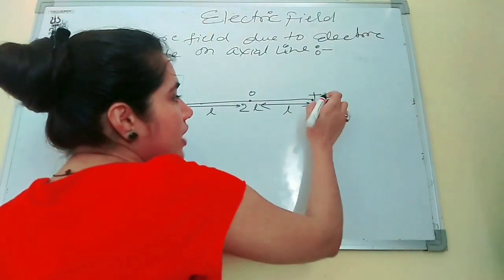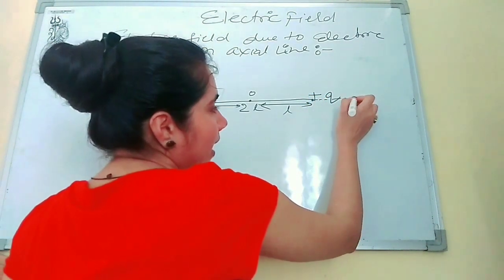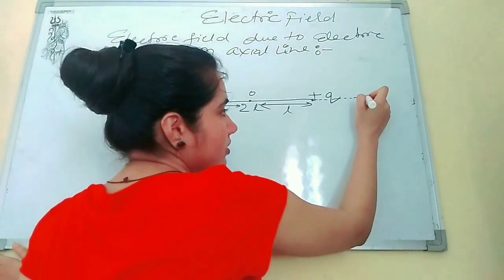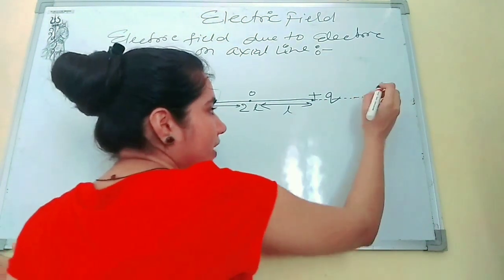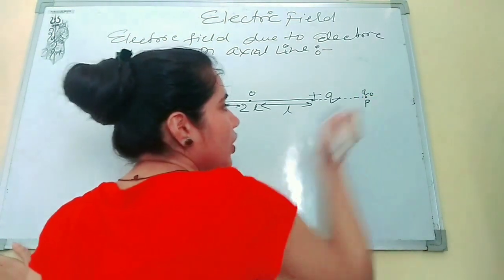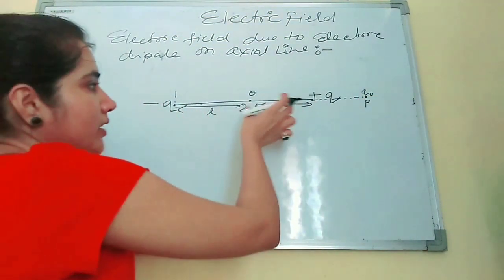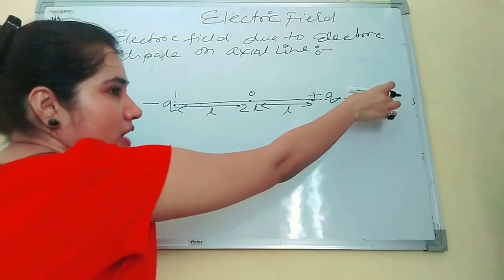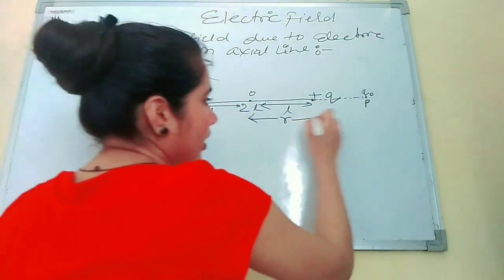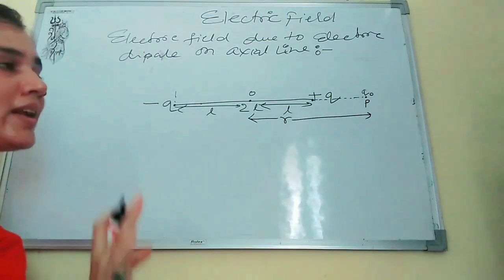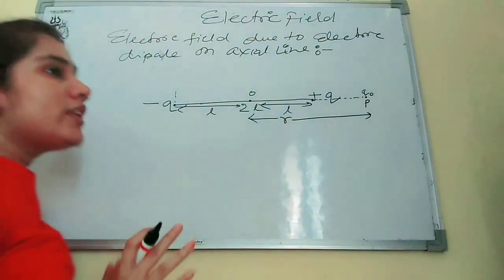Now from the charge q, we take the axis in the x direction, and we take any point P and place a test charge q naught there, and we measure the distance from this point to that point, that is r. Is that clear?